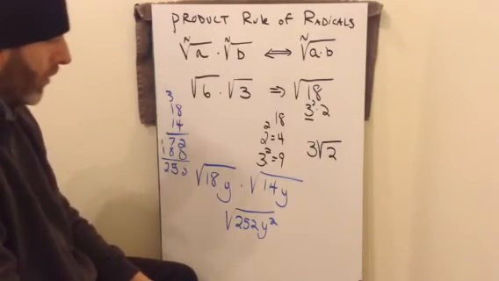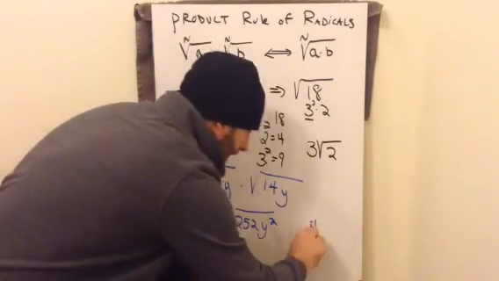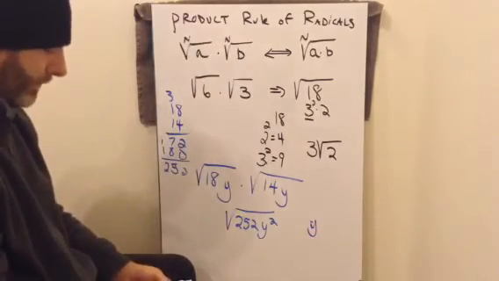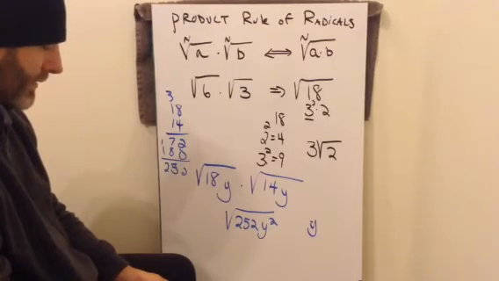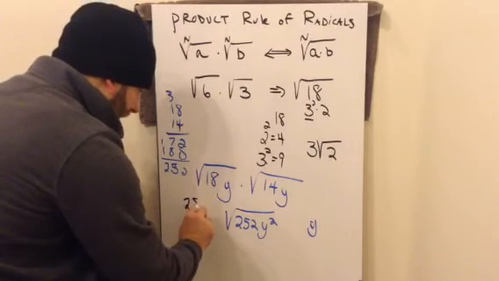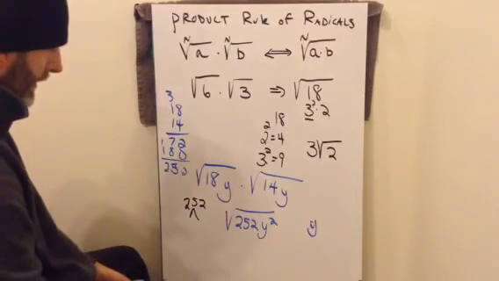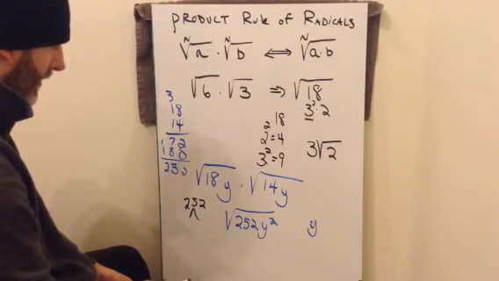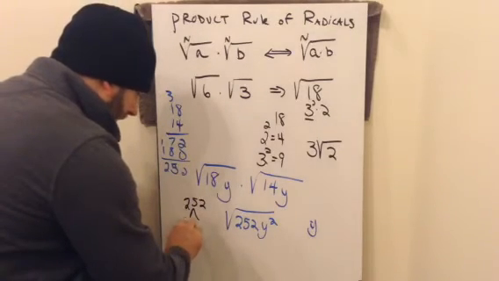Okay, so power matches index. I know I'm going to take out a y. Now 252. We want to see if we can break that down. Okay, when we look at this, 252. It is divisible by, I'm going to start with 2 squared. It's divisible by 4, or 2 squared.